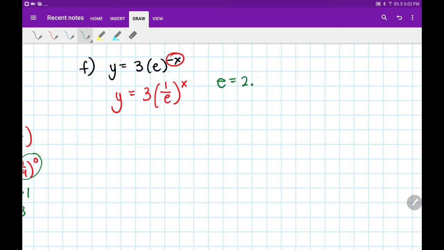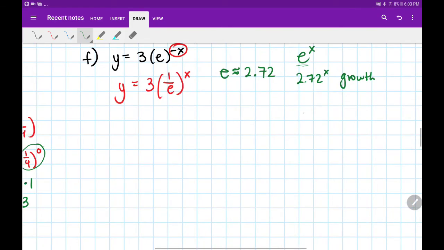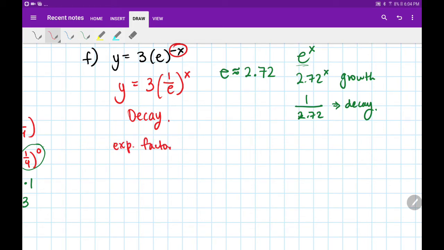It stands for approximately 2.72. And if originally we had e to the x, a base of approximately 2.72 to the x, this would be growth. But since we have 1 over 2.72, it turns into decay. This is a decay graph. Our exponential factor is actually 1 over e.